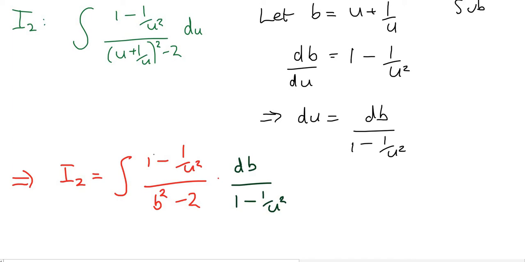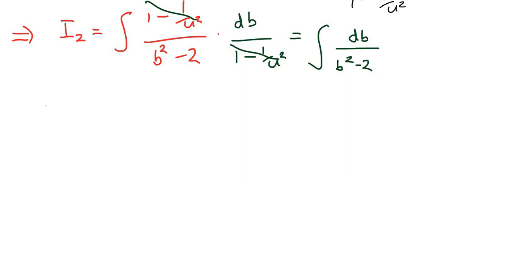And again, a similar thing has happened. The numerator here and the denominator here cancel out, so we are left with the integral of db over b squared minus 2.